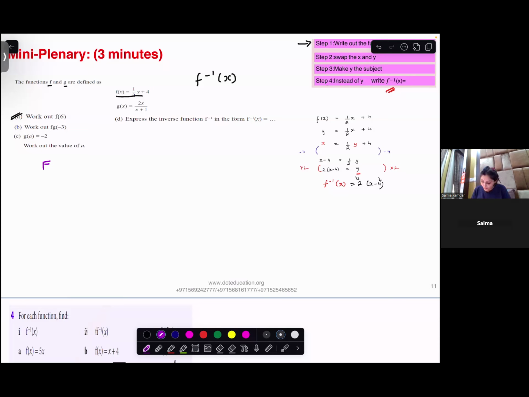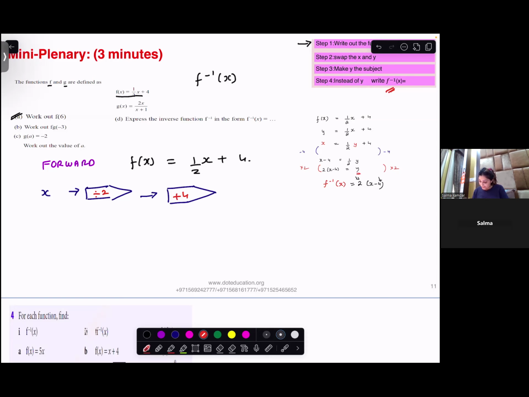If I look at the forward way that is happening over here, the forward way is that I have f of x is half x plus 4. That means what is happening over here, I have an x. The first thing that is happening is it's getting divided by 2. Then there is an addition of 4.